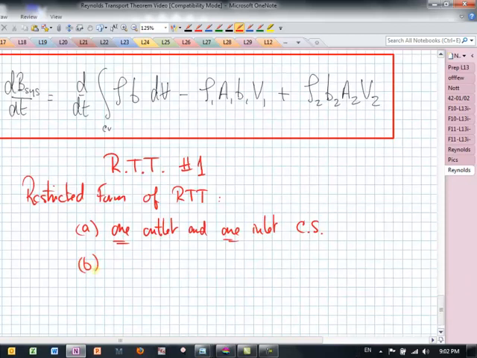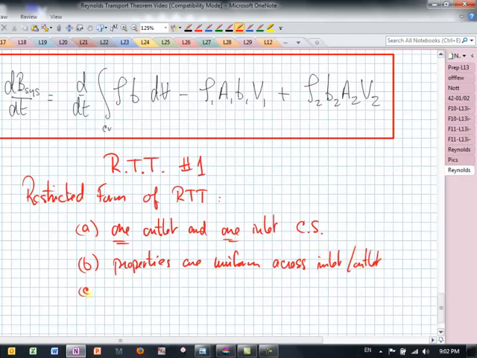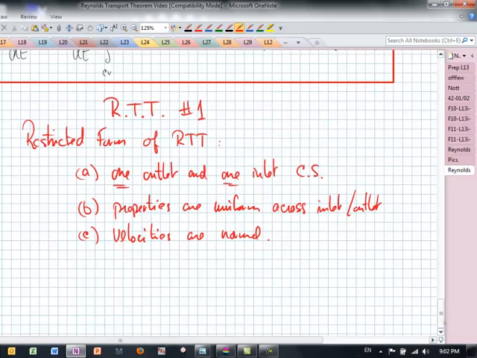B, that the properties are uniform across both the inlet and outlet. And C, that the velocities are normal to the inlet and the outlet.